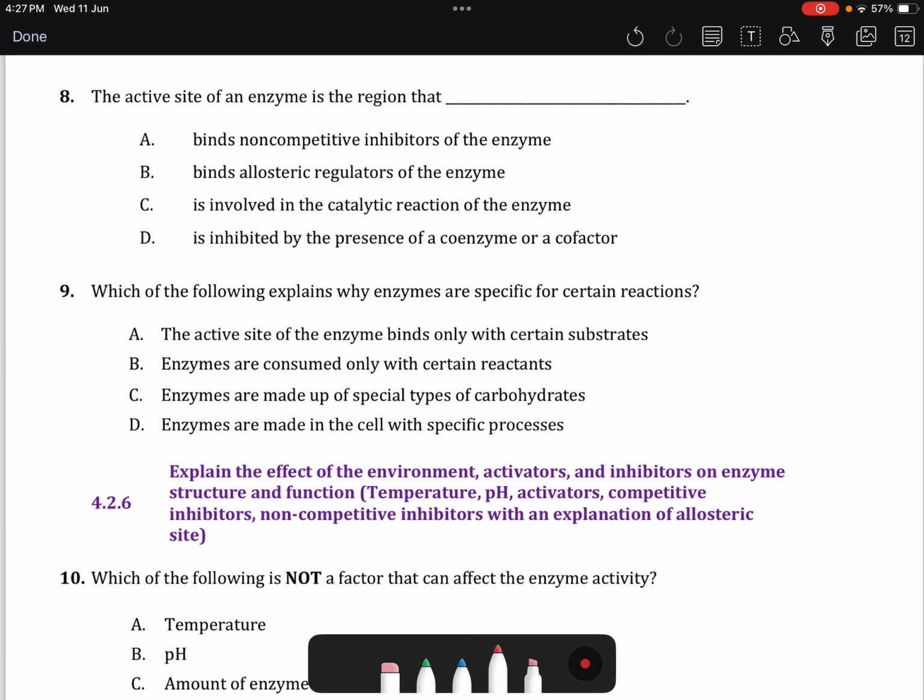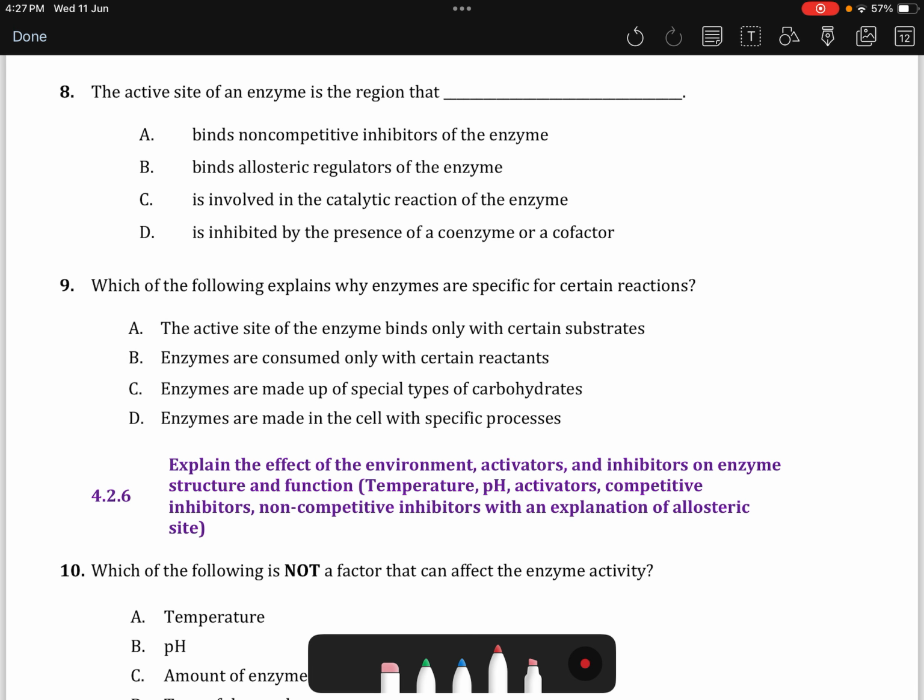The active site of an enzyme is the region. Okay, what is this region? You should know it's a region where a substrate binds. Or there are two kinds of molecules. One are called regulators, and the second are called inhibitors. Inhibitors are further of two types: some can be competitive and some can be non-competitive.